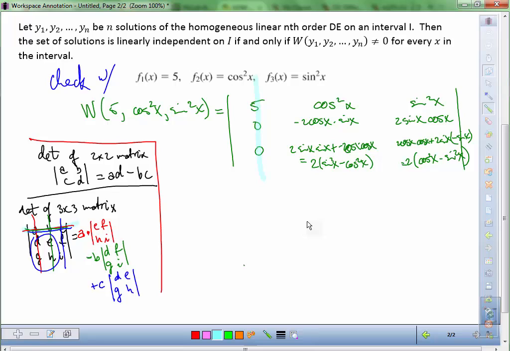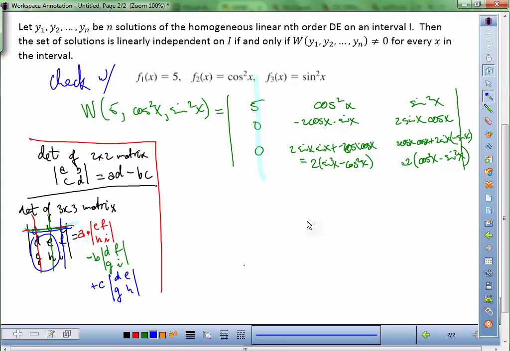All right, so let's expand on the row, and because of these zeros, it'll make our work a lot easier.